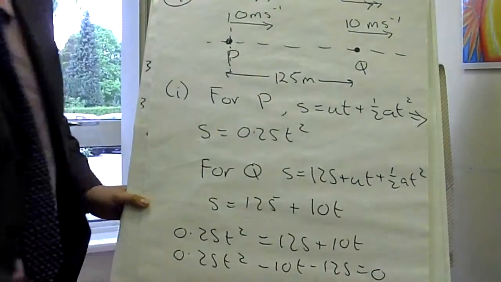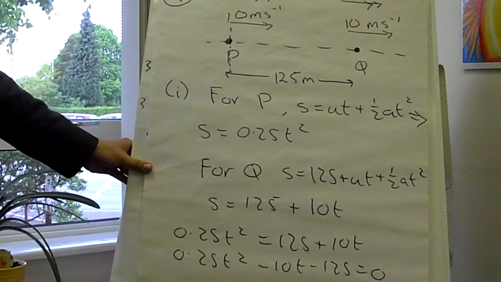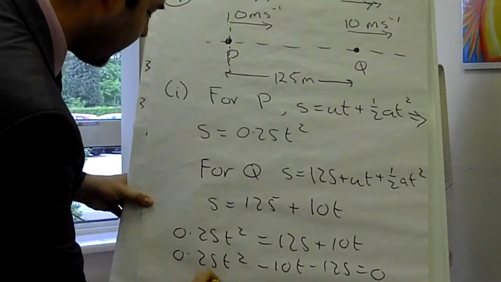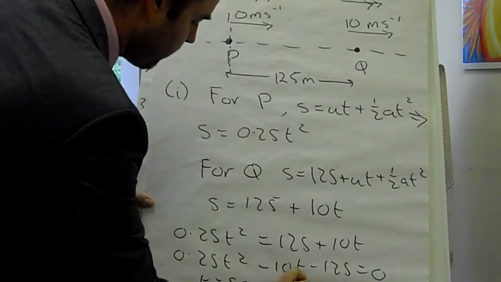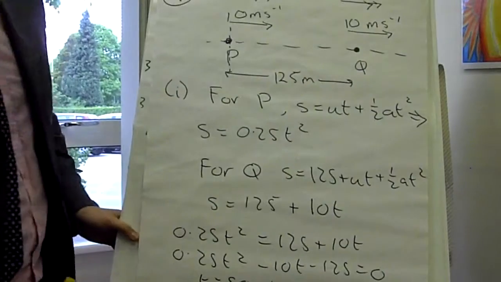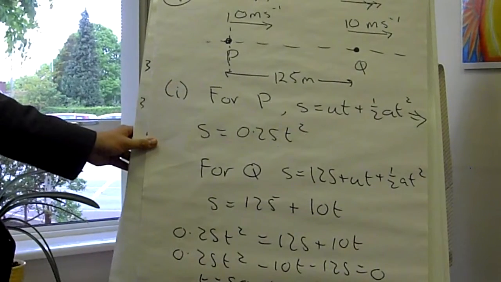And if we then solve that quadratic, we get the solution of t is 50 or t is minus 10. Now clearly, we can't have a time of minus 10, so that must mean that it happens when t is 50. And the final part of the question, how far does P travel in this time?